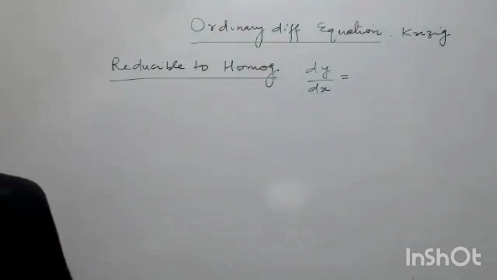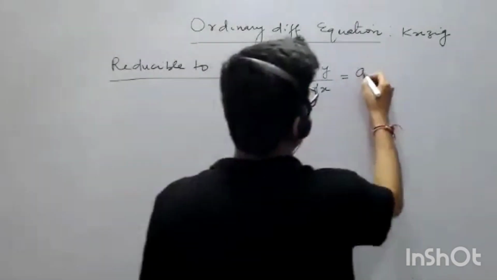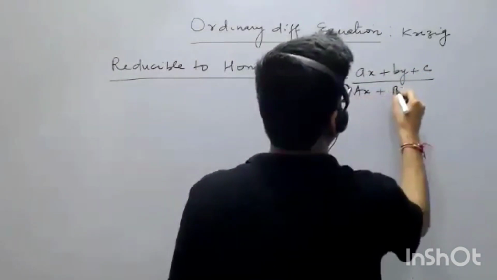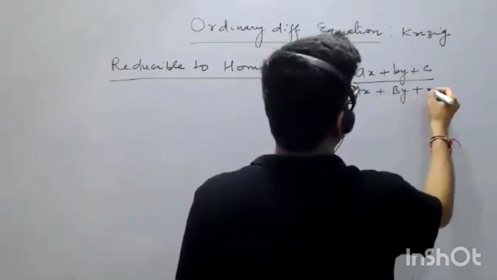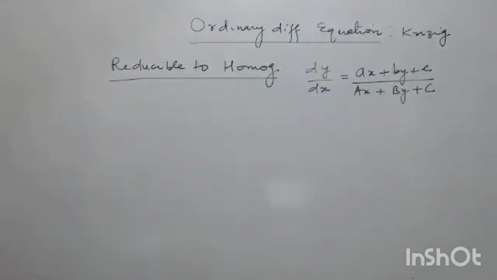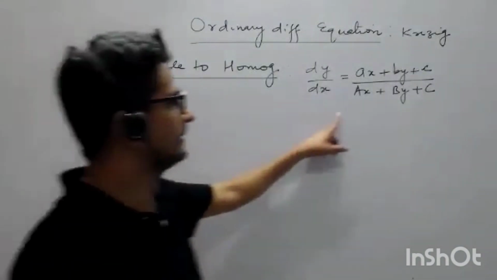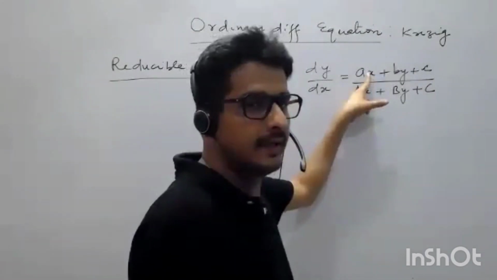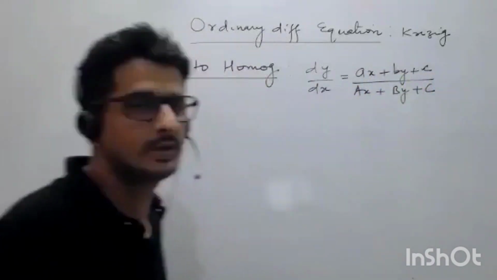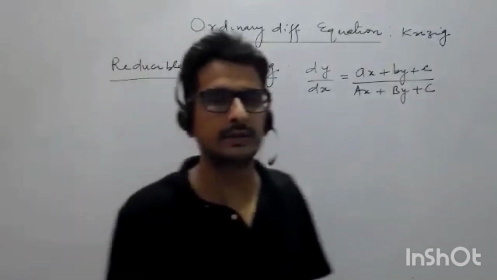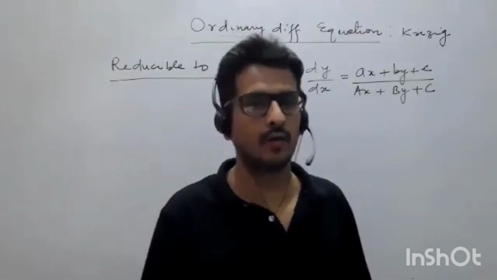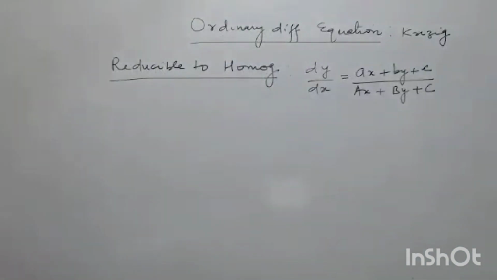So you have, suppose, ax plus by plus c over some ax plus by plus c. Suppose the equation is like this. What is happening in this case is here degree is 1 and here degree is 0. So it is not homogeneous. So first of all we have to make it homogeneous and then apply the method to solve homogeneous equations. That is the only way of doing this.